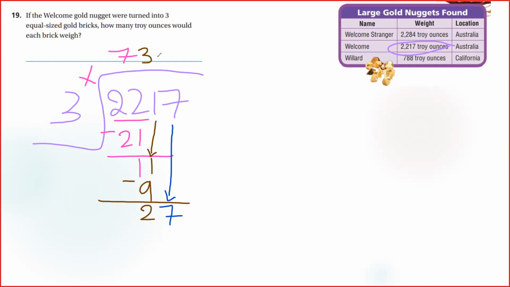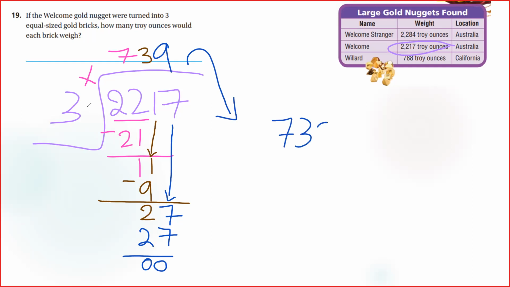Quickly, Isra. 27 over 3. Isra, was 27 over 3. It's 9. 9 times 3 is 27. So how many troy ounces would each brick weigh? 739 troy ounces.